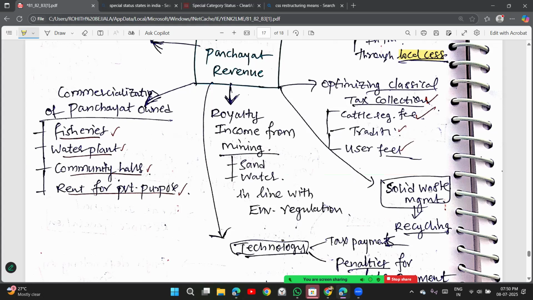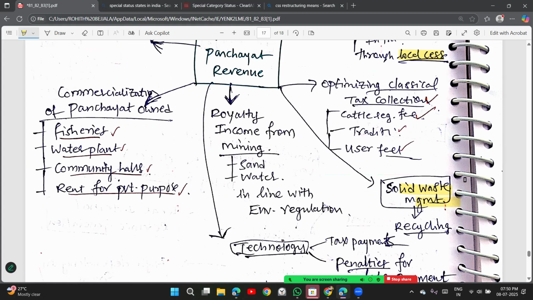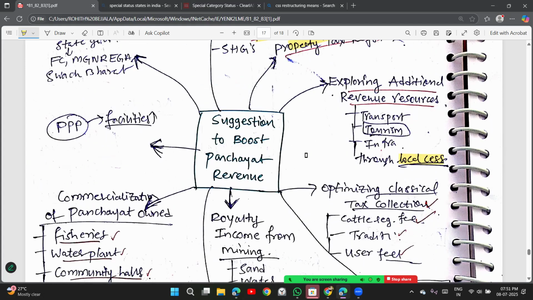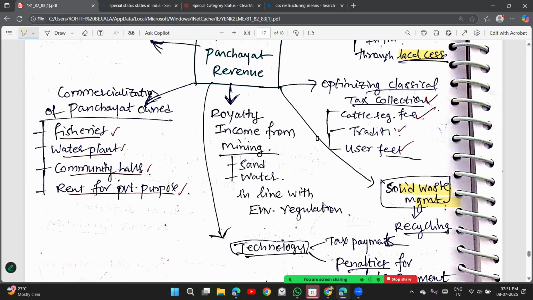We can also generate revenue through solid waste management and recycling, and by establishing our own water plant. And if the village has a river, we can collect revenue from sand mining.